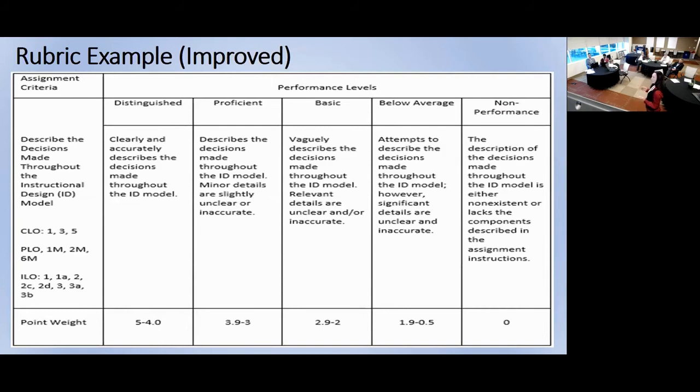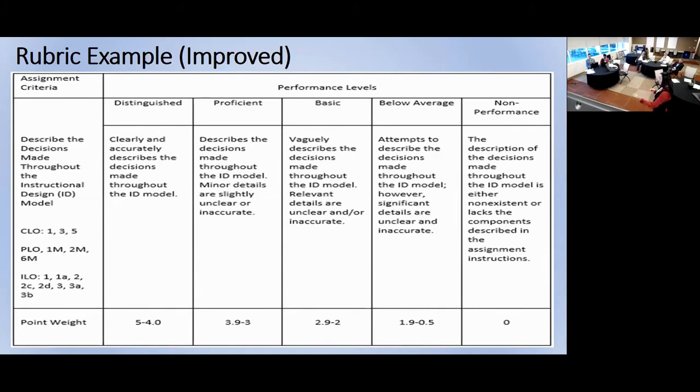And then instead of going through all 6 of those, I'm sure everybody gets the picture after doing one. So I'm going to just give an example of what an improved rubric would look like. We have the clear assignment instructions at the top. We have the Bloom's verb, describe the decisions made throughout the instructional design model. We have the different performance levels. So we've got distinguished, proficient, basic, below average, and non-performance. And again, they all have words there, which is explaining what to do to get the points.